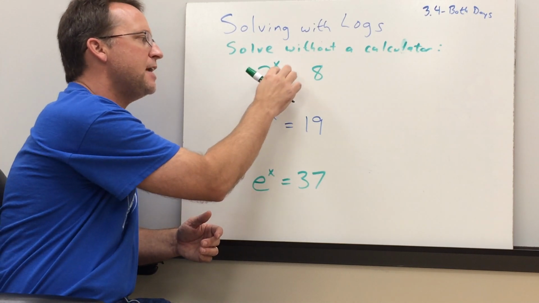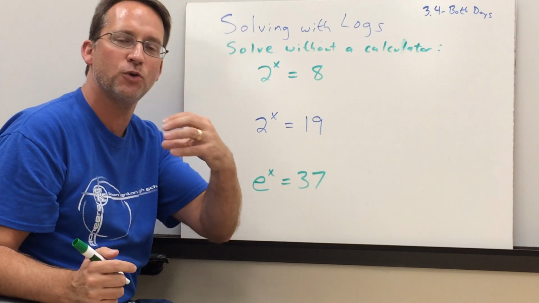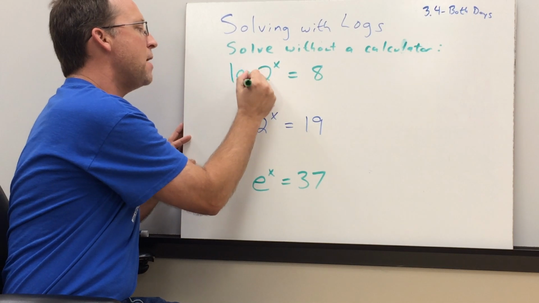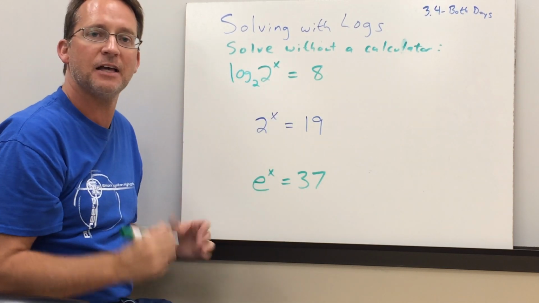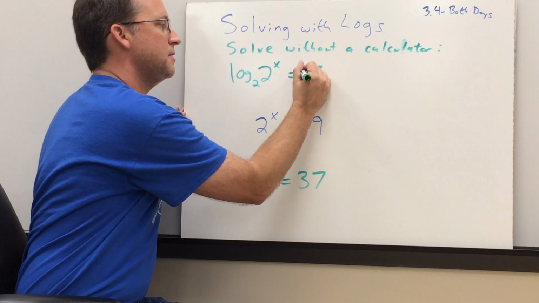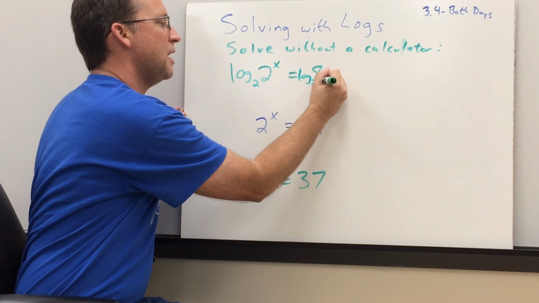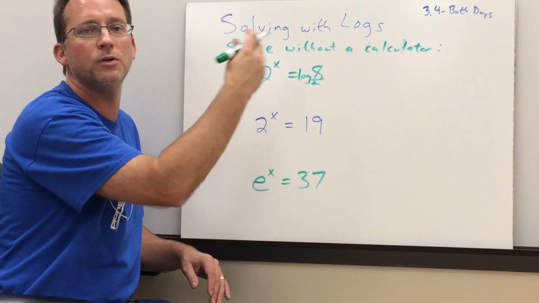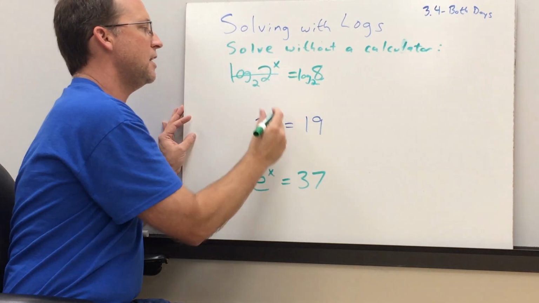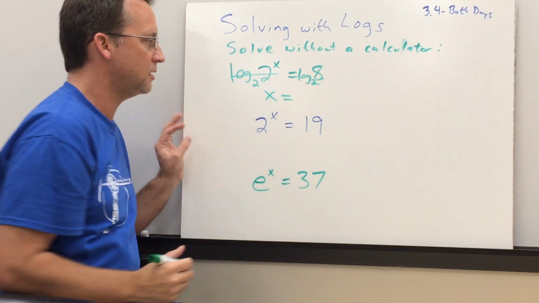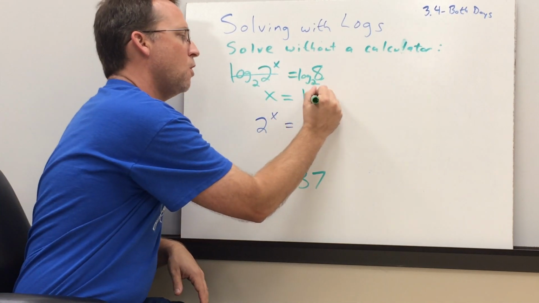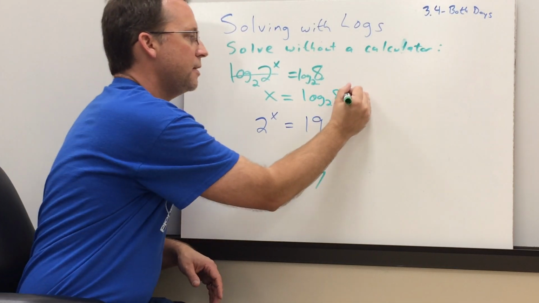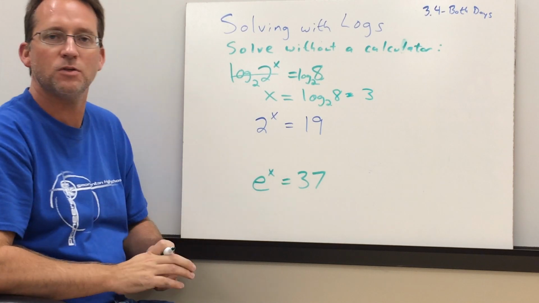So if I've got 2 to the x power, and I'm trying to get that x down to where I can solve for it and get it by itself, taking the log base 2 of that side will make that happen. And obviously I need to do that same thing to both sides to keep the equation equal. But the log base 2 of 2 to the x power, those cancel each other out and just give you x. And then our answer is the log base 2 of 8, which again we know is just 3. So our answer would just be 3.